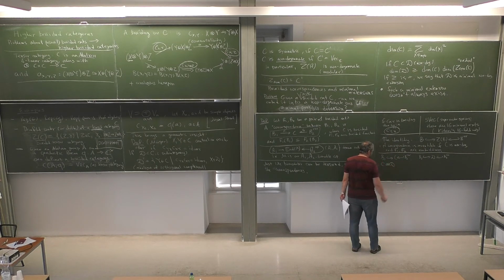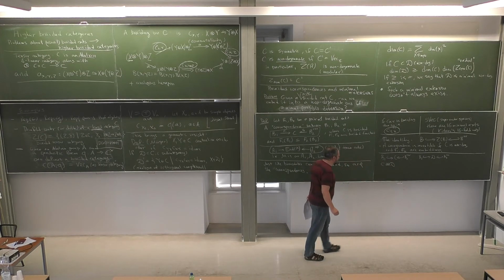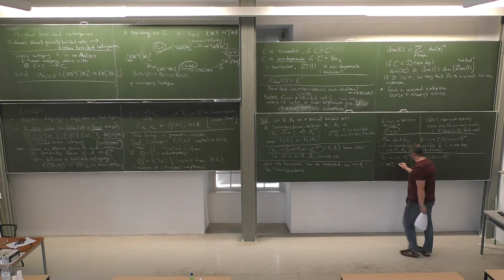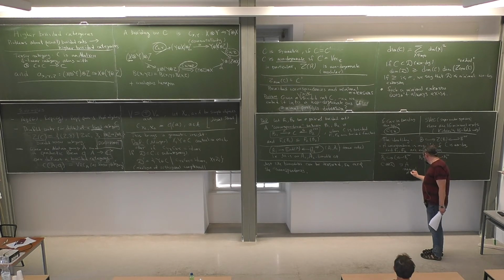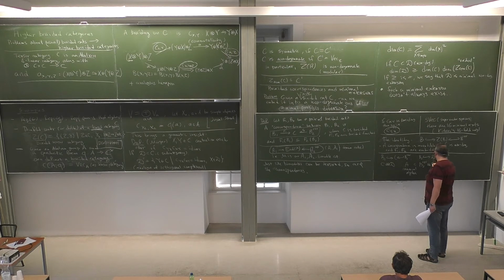That's not the product yet. But inside this tensor product, there is a canonical algebra. I'll put it like this. A lives in B2 reverse tensor B2.